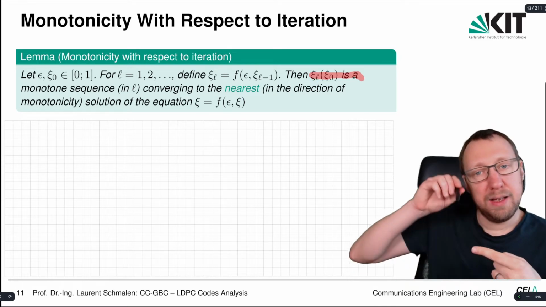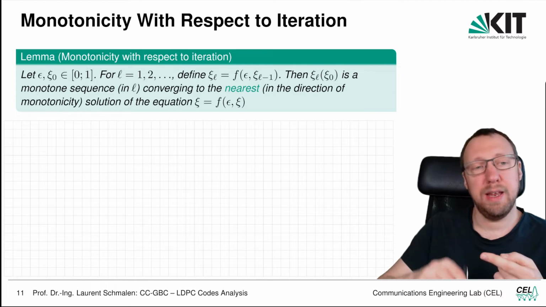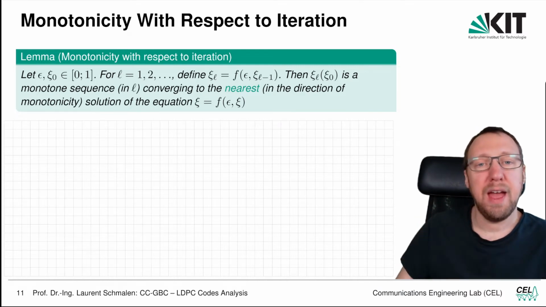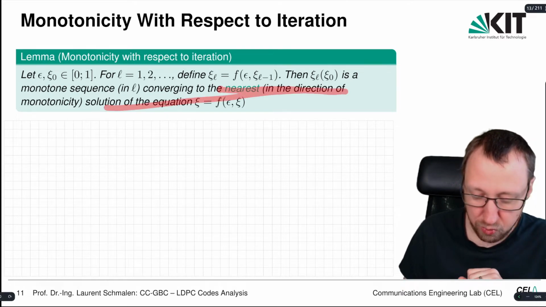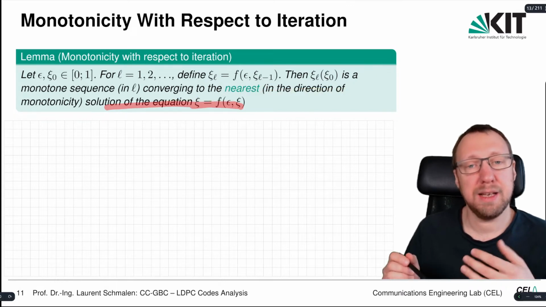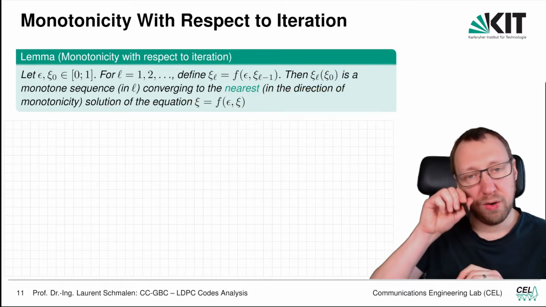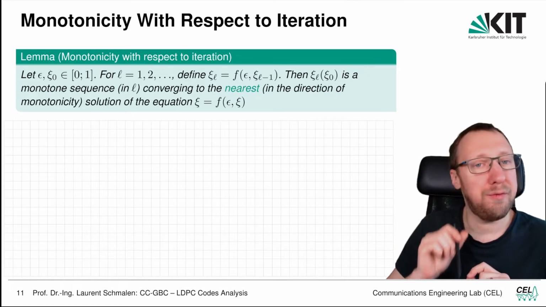So xl is monotonically either increasing or decreasing. We see in xi it will be decreasing, and it will converge to the nearest solution of this fixed point equation, c equals f of epsilon, c. So it will converge somewhere. It will not converge anywhere. It will converge to the nearest fixed point.